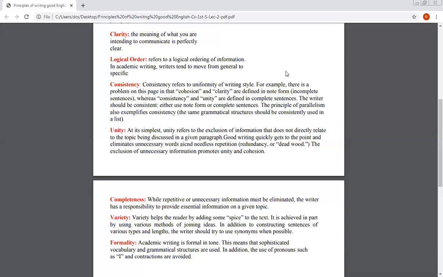But the writer has a responsibility to provide essential information in a compact manner. Compact manner means something which is needful, something which should be a part of that information.